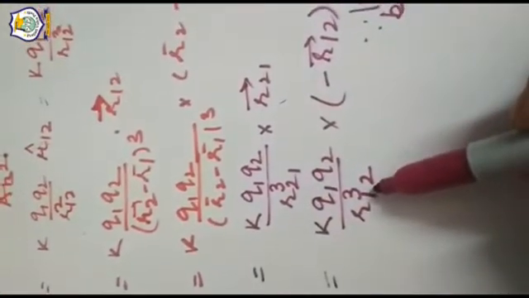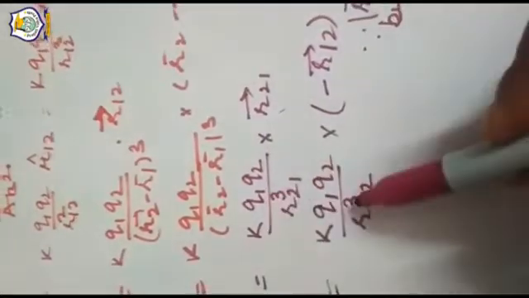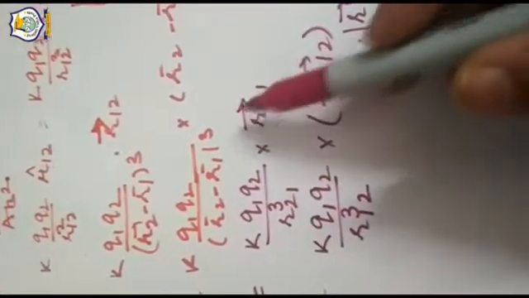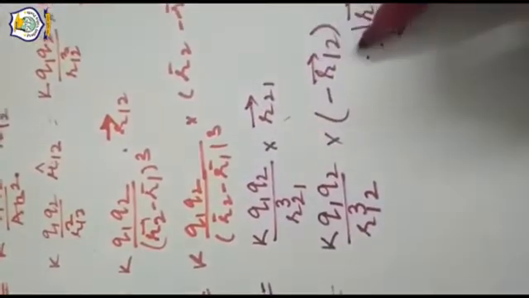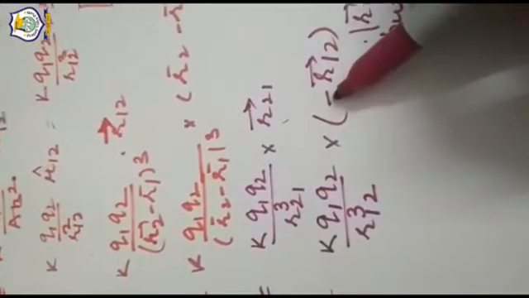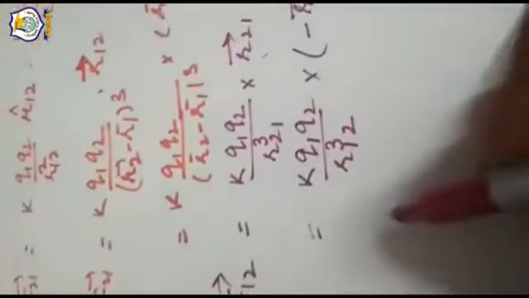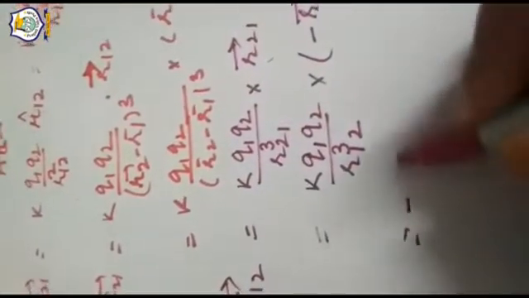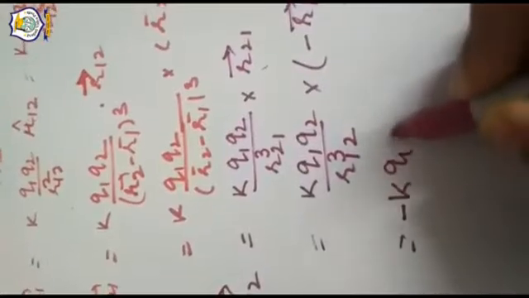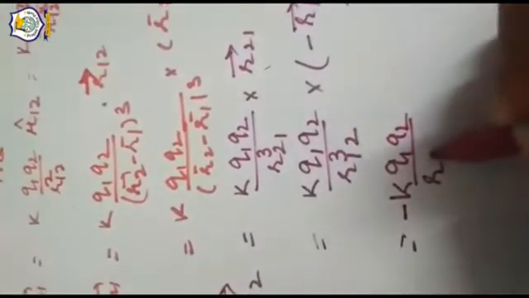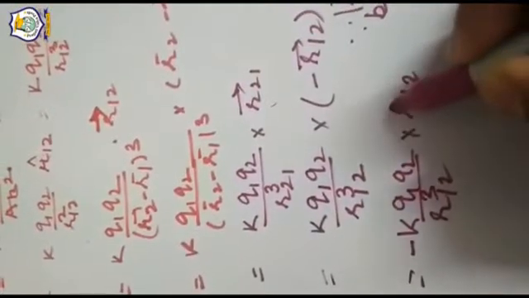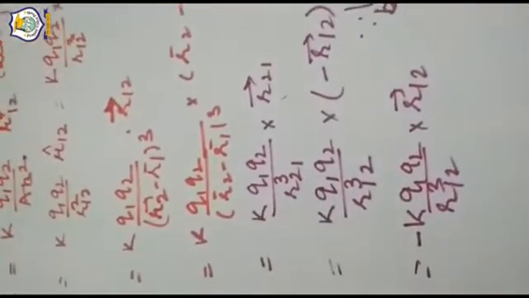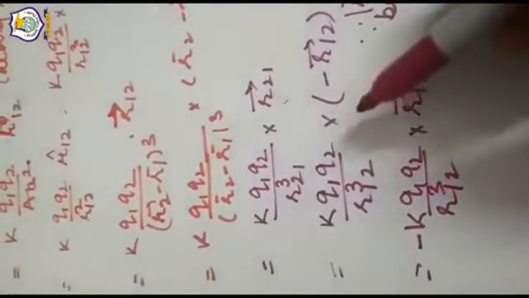The magnitudes of these two are the same, so in place of the magnitude of R21, I can write R12, the power is the same. But in place of the vector R21, I cannot simply replace it by R12. There will be one minus sign. So now solve it. It will be minus K Q1 Q2 upon R12 cube into R12 vector.